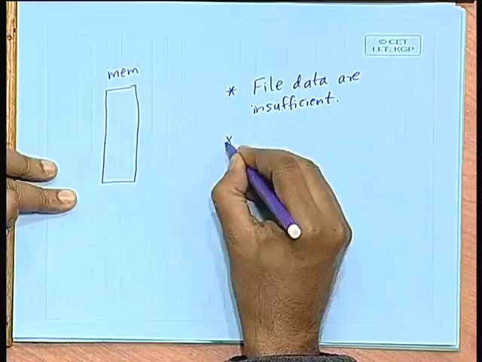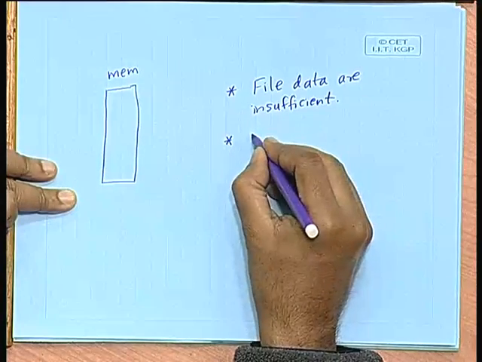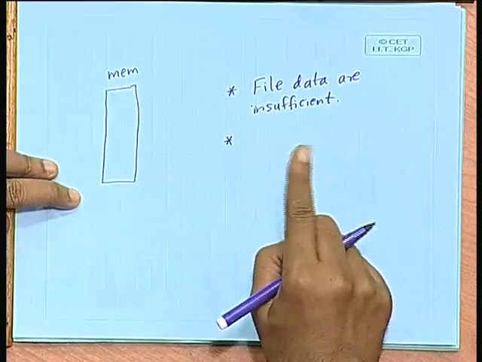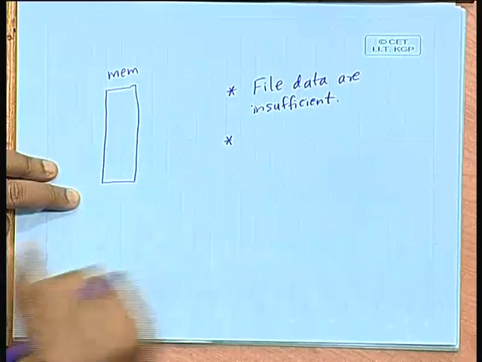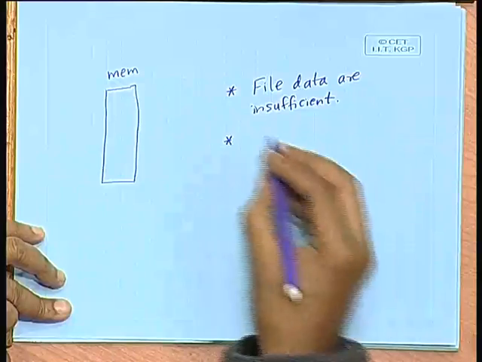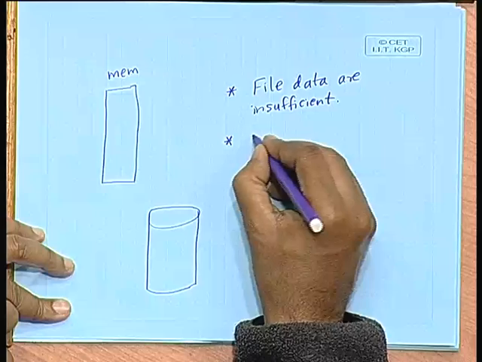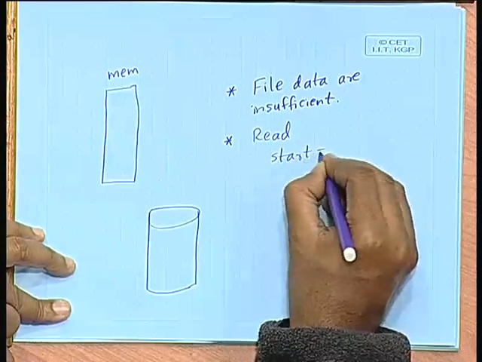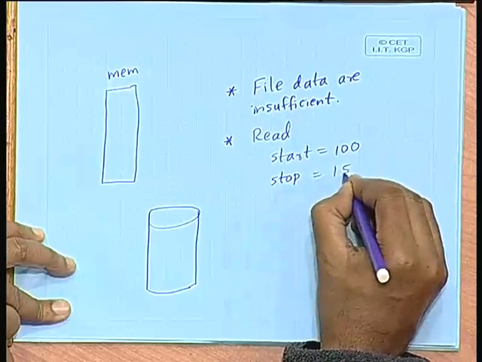And alternatively, suppose you have the other way around, the file contains more data, or in some particular line you have possibly missed some digit, but it will not check further, it will read the digits sequentially as they appear. And moreover, suppose you say this is a disk file and you give a command to read from start address 100 to stop address, say, 150.